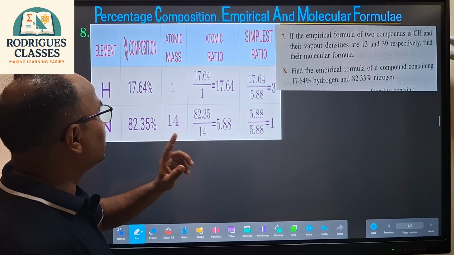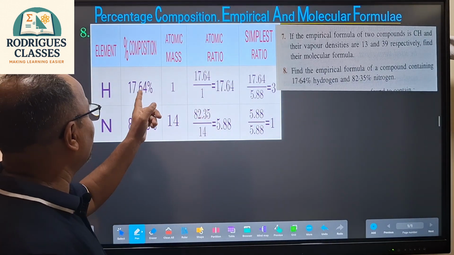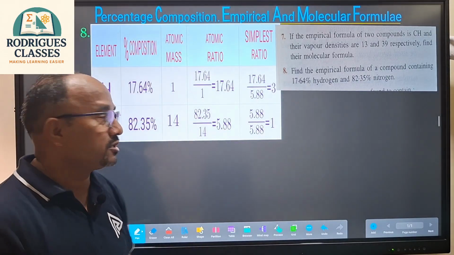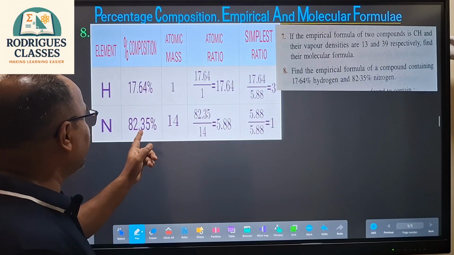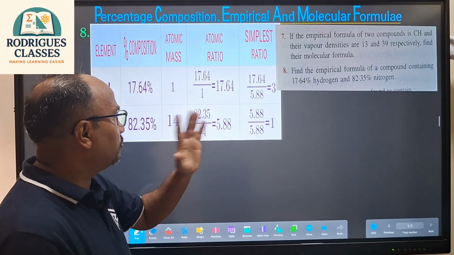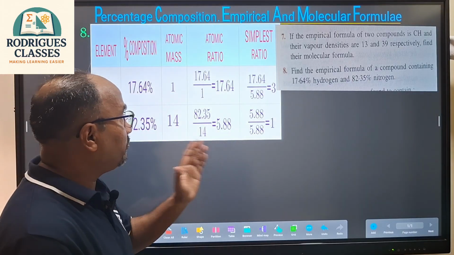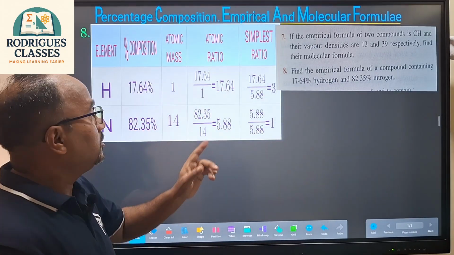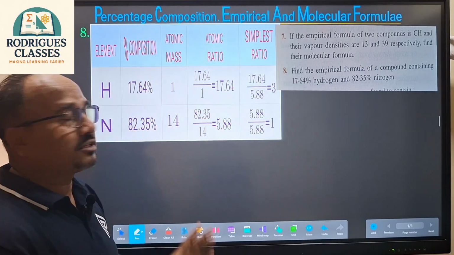Now the working starts actually. 17.64, the percentage divided by the atomic mass 1 gives you 17.64. For nitrogen, 82.35% divided by 14, a big division giving you 5.88. So now we need to find the simplest ratio. Out of the two, this is the smaller one. So both of these will be divided by the smaller one.